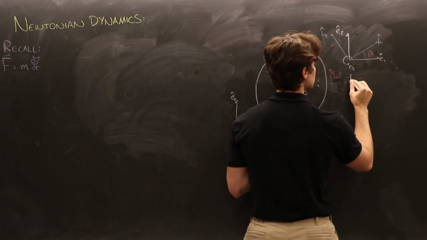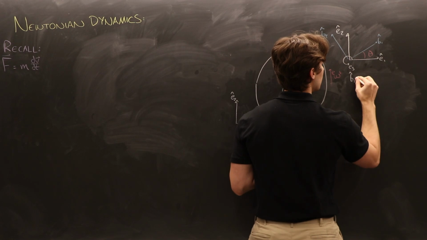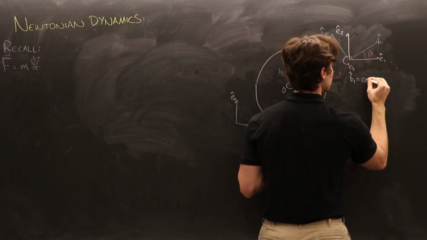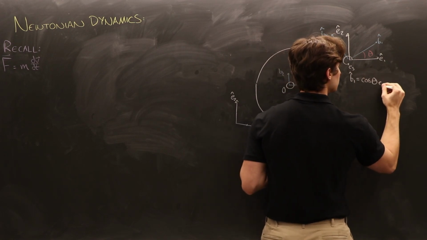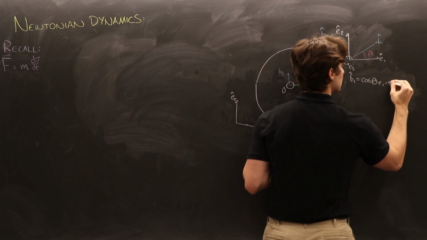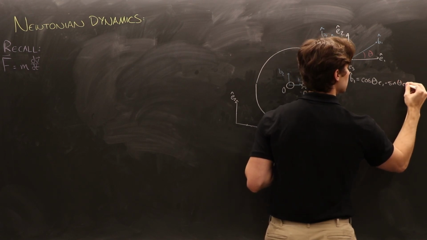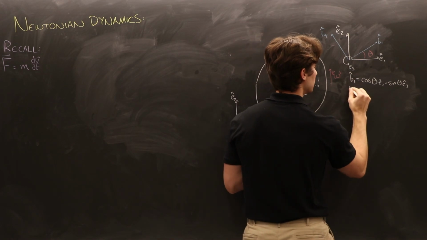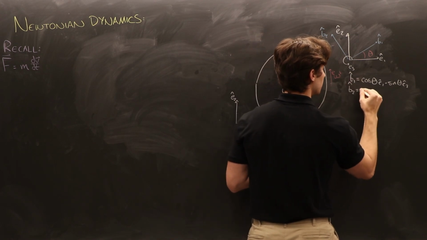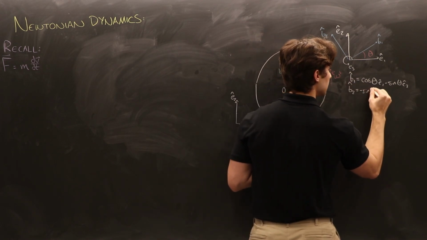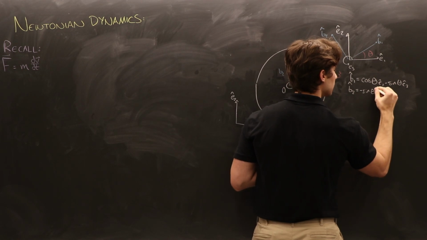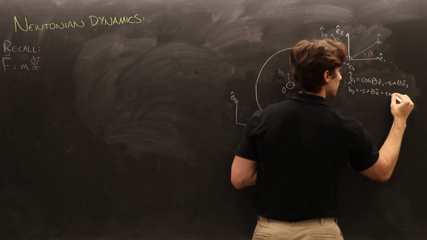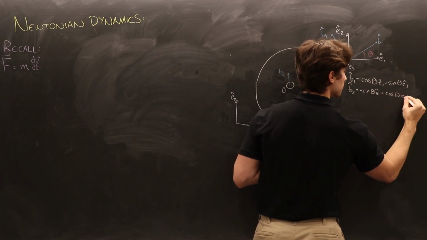We can say that this B1 vector, for example, is just going to be cosine theta E1 plus sine theta E2. And we can do the same for this B2 component. B2 is simply going to be negative sine theta E1 plus cosine theta E2.